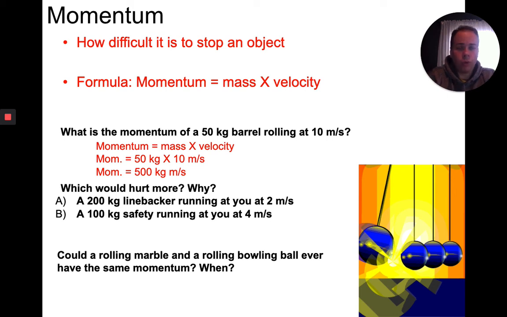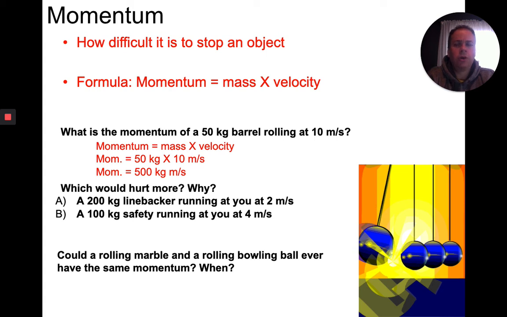If you rolled the barrels faster, the momentum would increase. If the barrels were more massive, the momentum would increase. Okay, so let's think about an example, a football example. If you're playing football and you're going to get tackled by somebody.